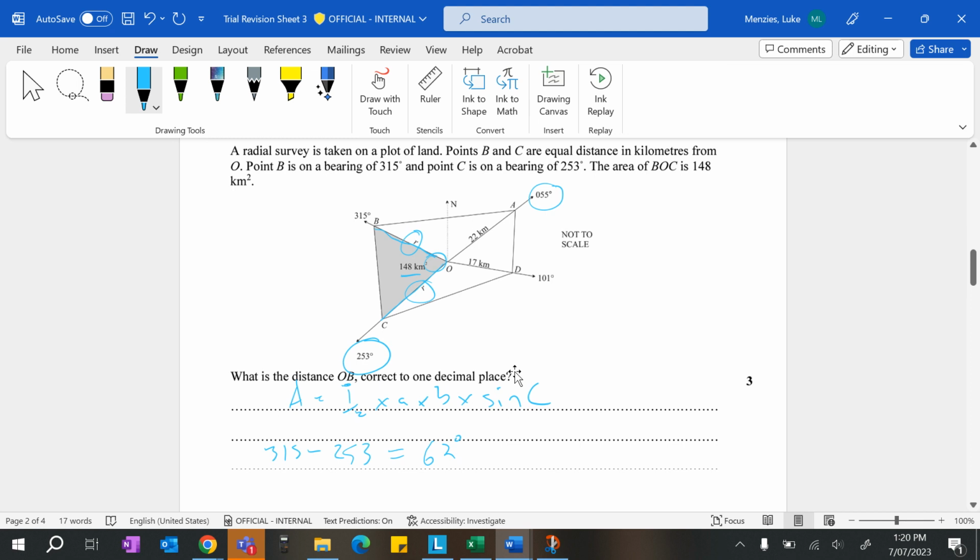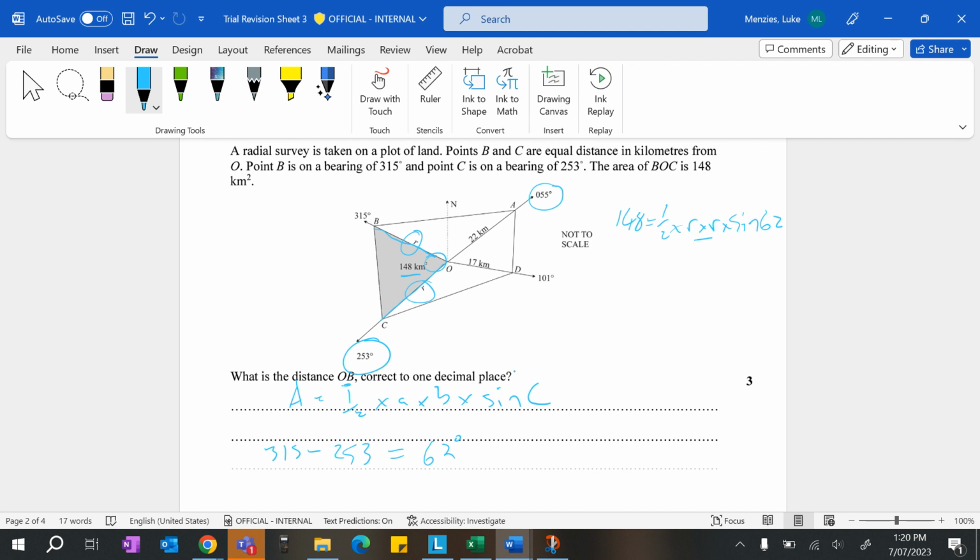That's okay. All right, so we're going to say 148 is equal to half times R times R times sine of 62. Now we've got to get R on its own. How do we do that?